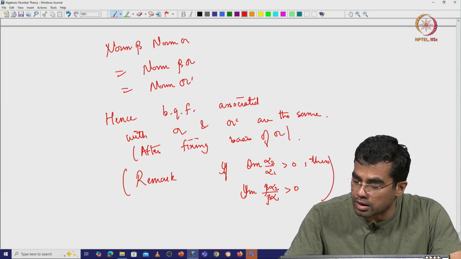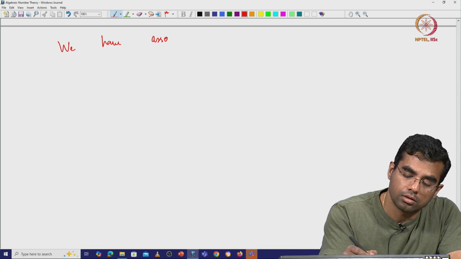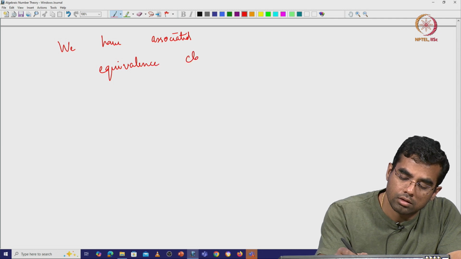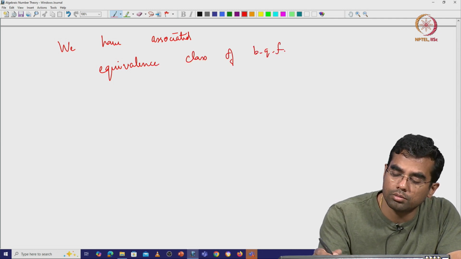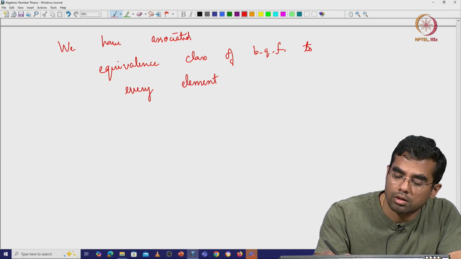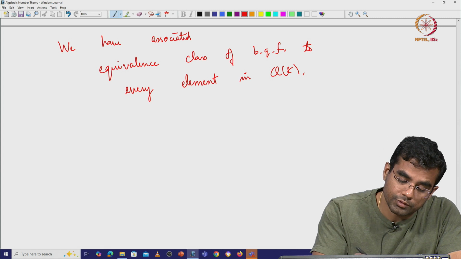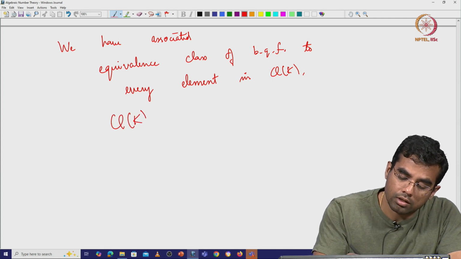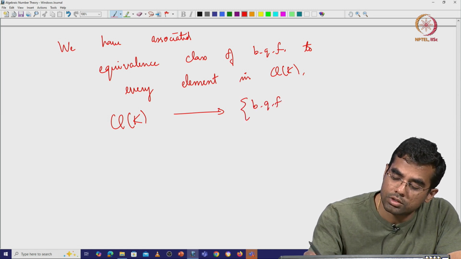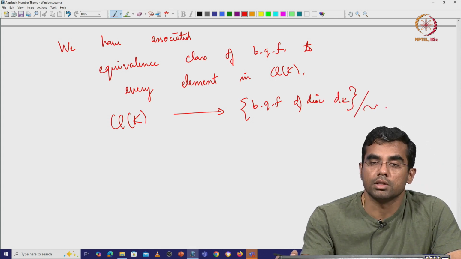All right, so what have we done now? We have associated an equivalence class of binary quadratic form to every element in the ideal class group of K. So what we have done is taken a map from this to binary quadratic forms of discriminant dk, modulo the equivalence relation.